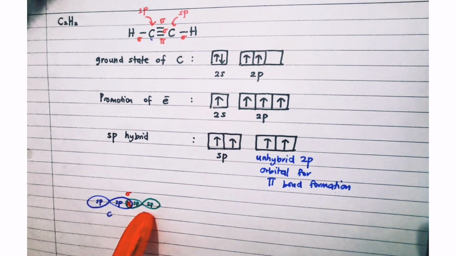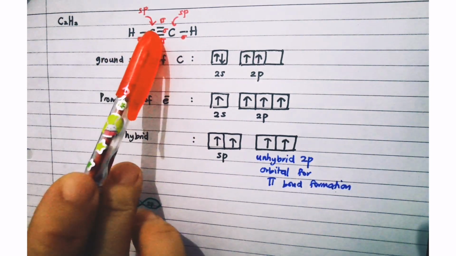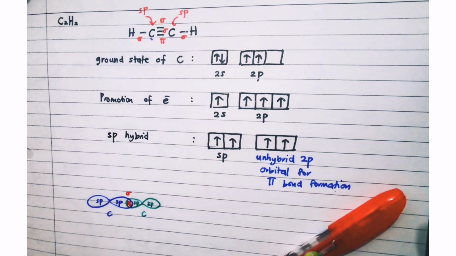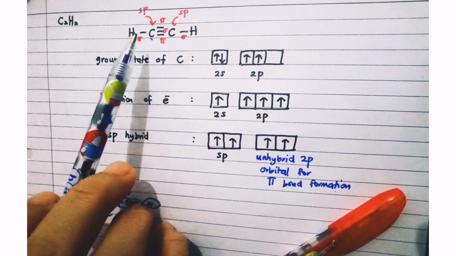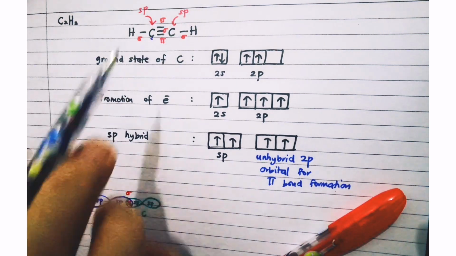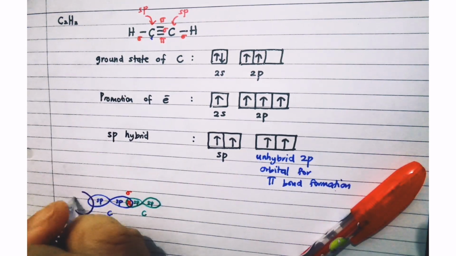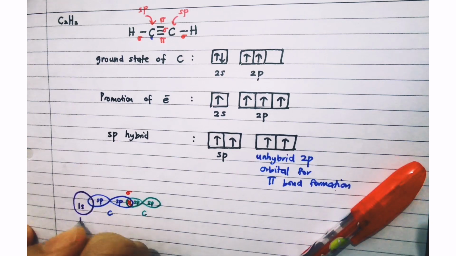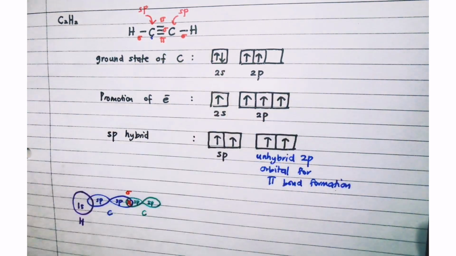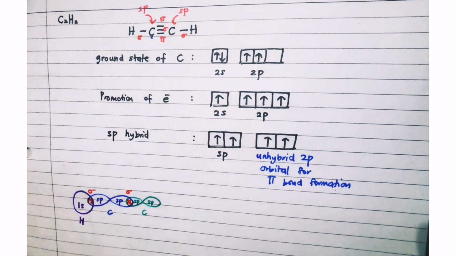Now let's show the formation of the CH sigma bond. This CH sigma bond forms when sp of this carbon overlaps end to end with the 1s orbital of hydrogen. So 1s of hydrogen, this is the first hydrogen, the electron is here and the sigma bond is formed.